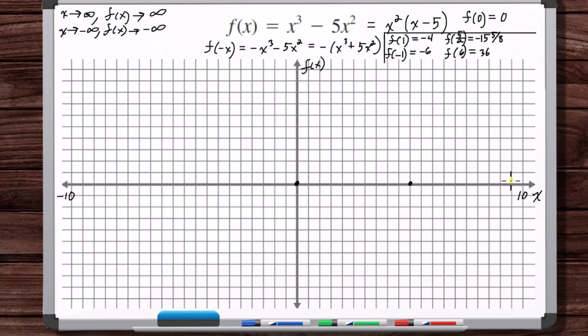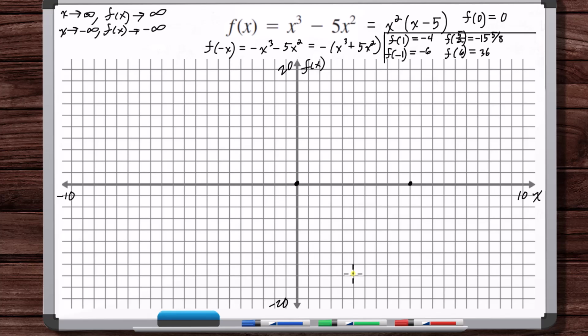So, okay. Let's go to minus 20 and then 20. So at this halfway point, 1, 2, 3, 4, 5, minus 15.625. So each of these is 2. 2, 4, 6, 8, 10, 12, 14, 16.